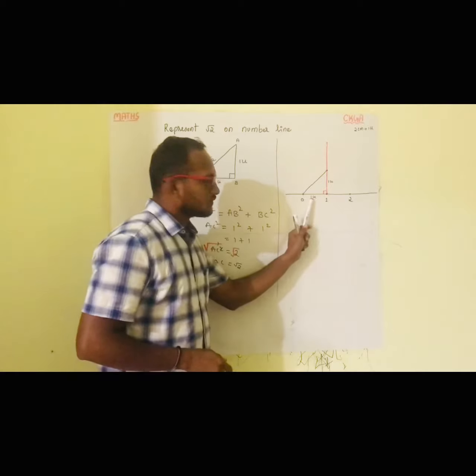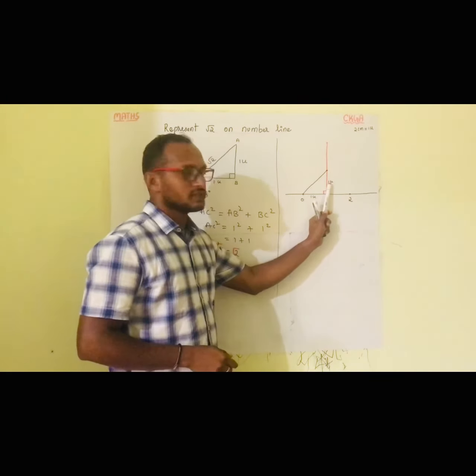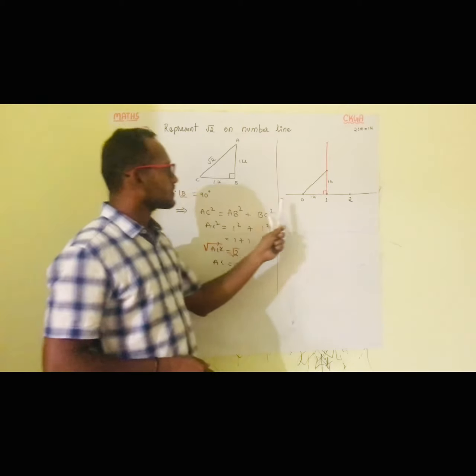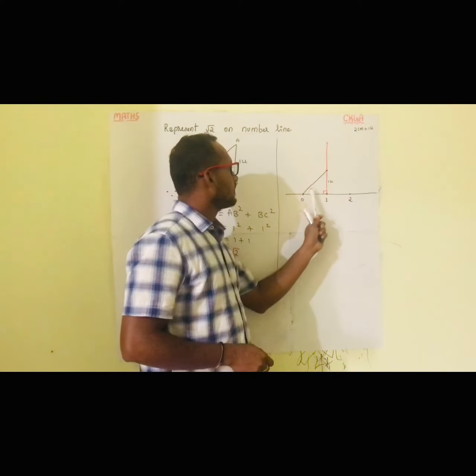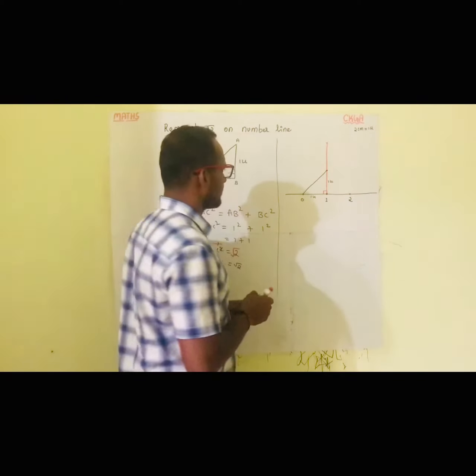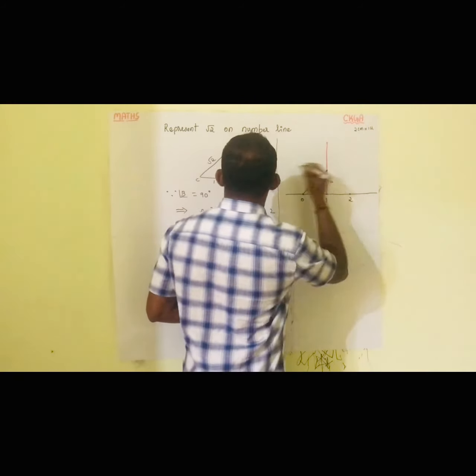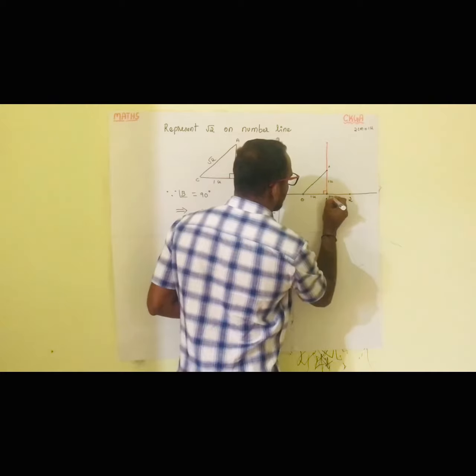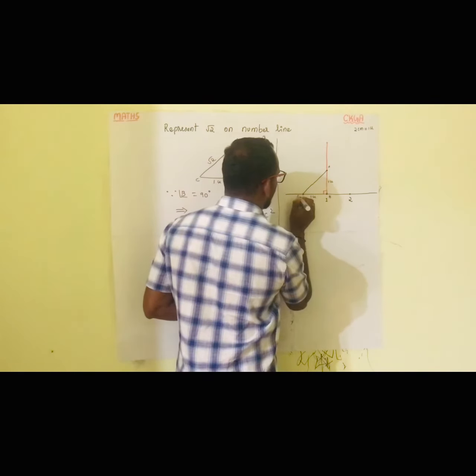If it is 1 unit, this diagram will help us find the actual length from here to there. So let's mark it: call this point A, this point B, and this point C.